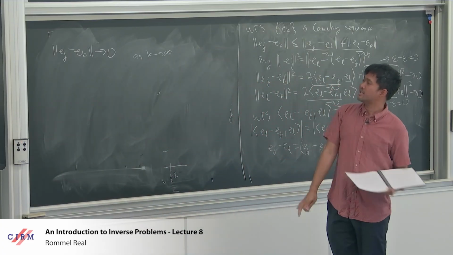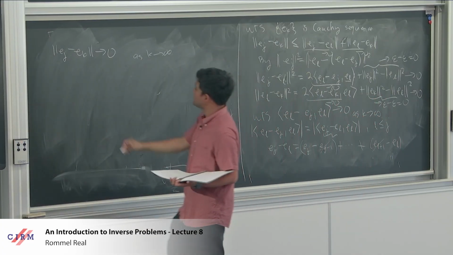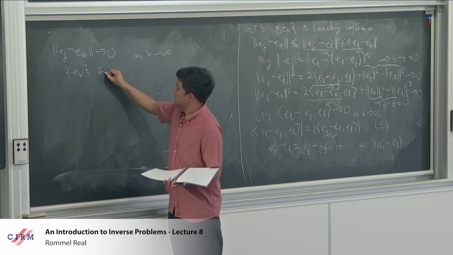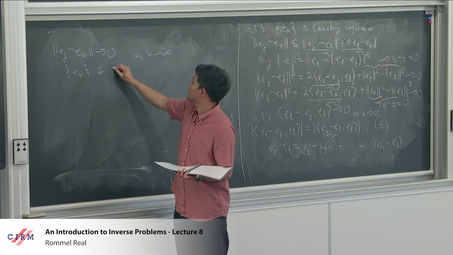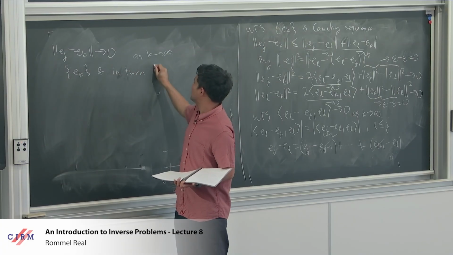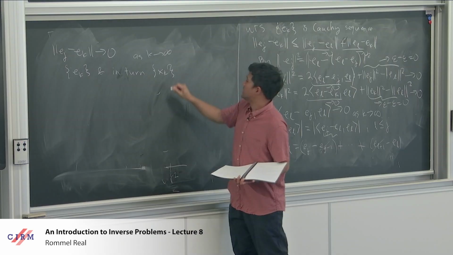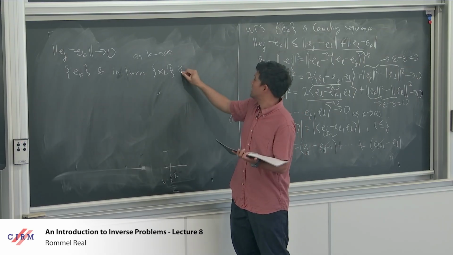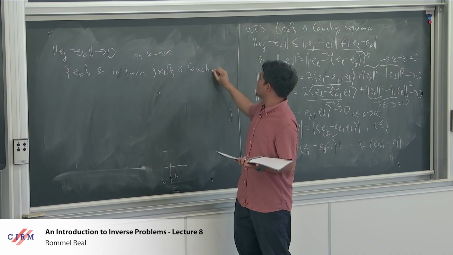And that tells us that by definition, the sequence of errors, and in turn the sequence of iterates, is Cauchy.